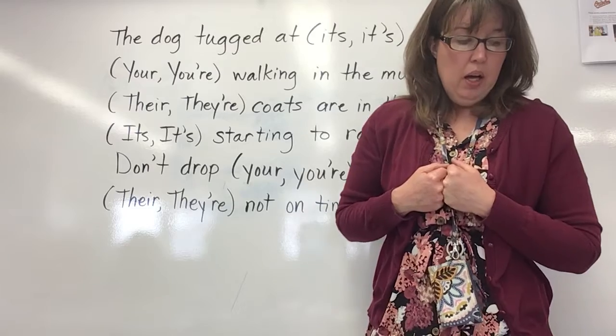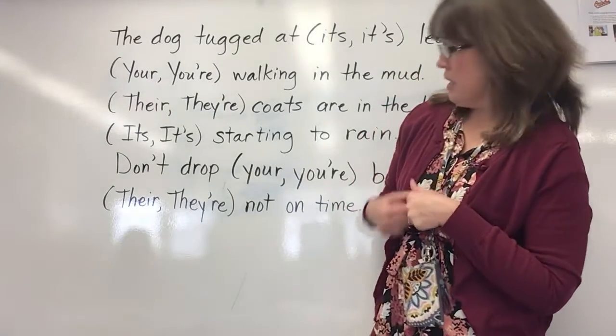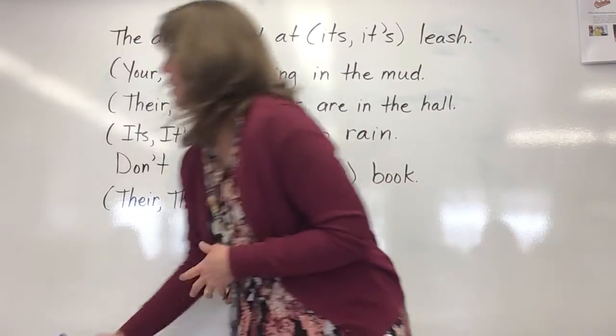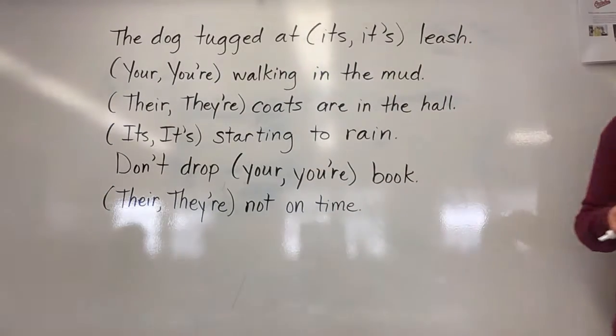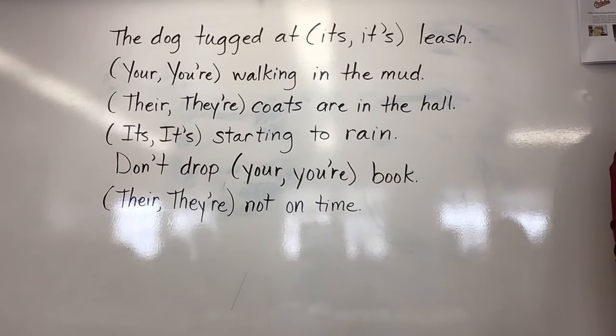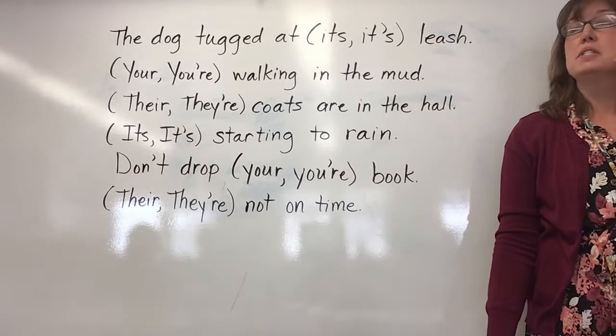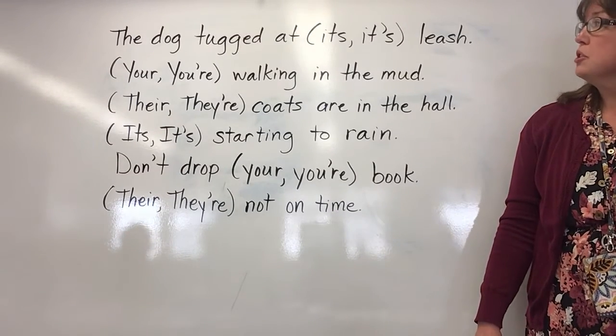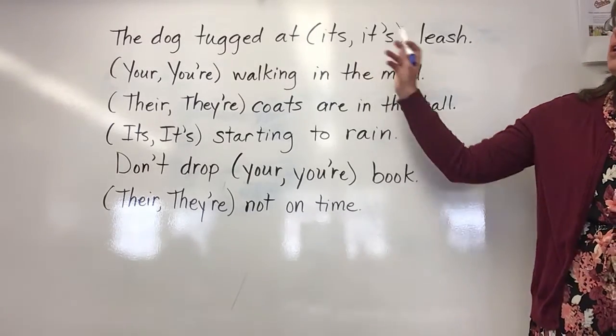So look at the board, and I'm going to have some of you come up and choose the correct word. So, the dog tugged at its leash. Now think. And I'll tell you what, a lot of adults struggle with this. I'm not saying I don't make mistakes either, but I find a lot of mistakes that adults make using the wrong words here.